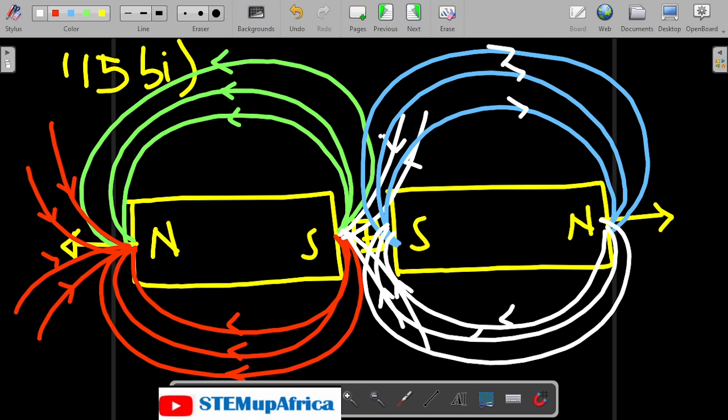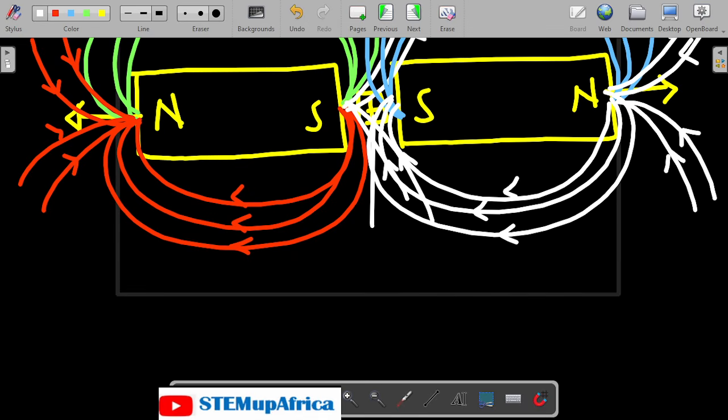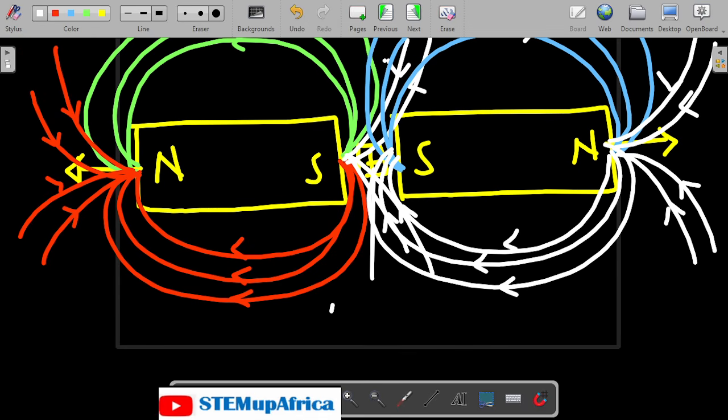This one is coming this way. Then we have this, they are going in. So this is the first case, but make sure you space it for clarity. So this point here is our neutral point. So make sure your diagram is well spaced.